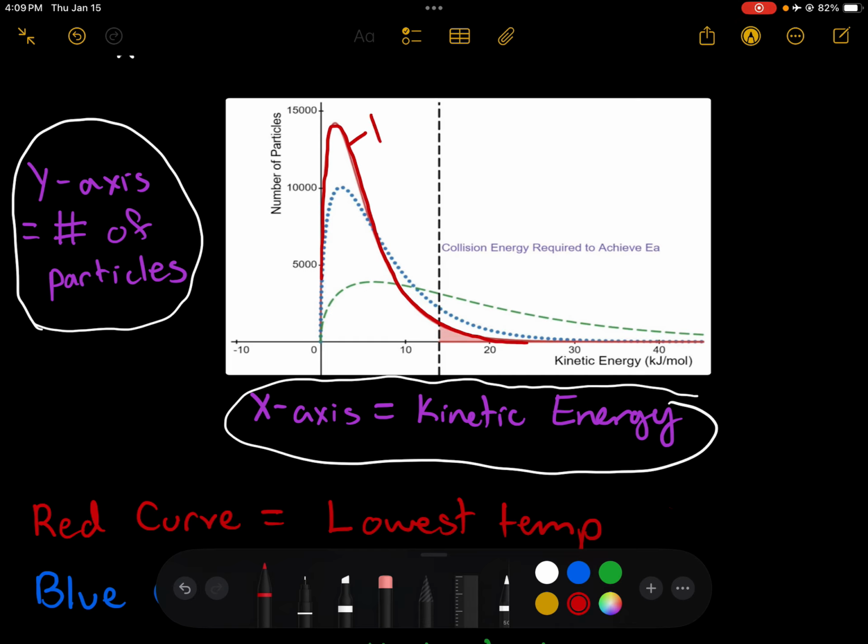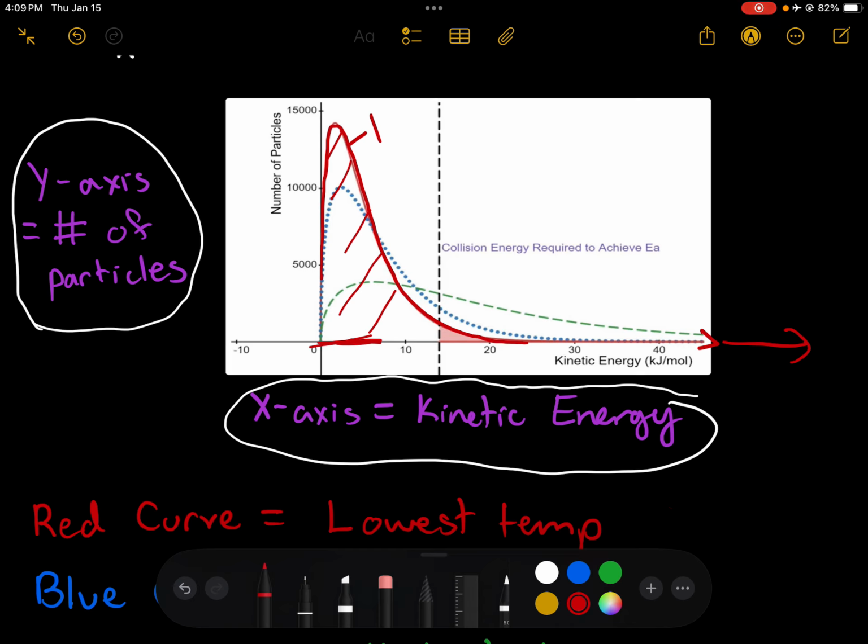However, the reason that it represents the sample with the lowest temperature is because most of those molecules, so like all this area under the curve right here, all of that is moving pretty slowly. Because as we can see on the x-axis going in this direction, the farther you are that way, the more kinetic energy you have. And most of the molecules are grouped within this region. So you can see that that sample is moving the slowest.